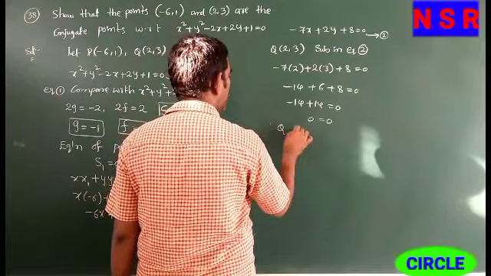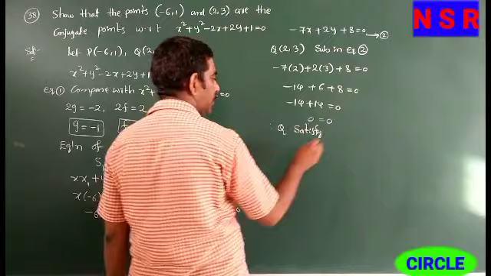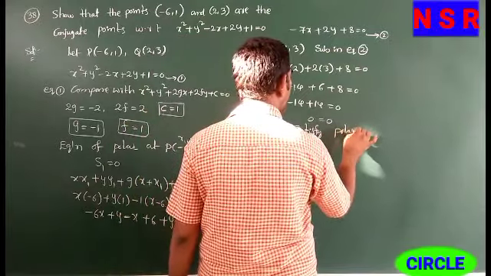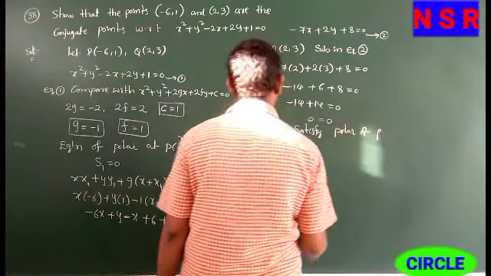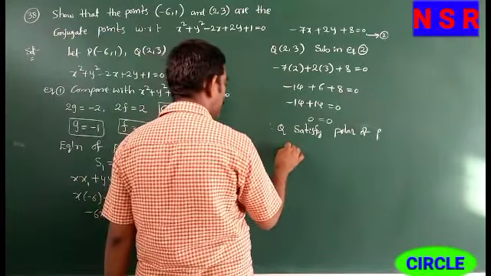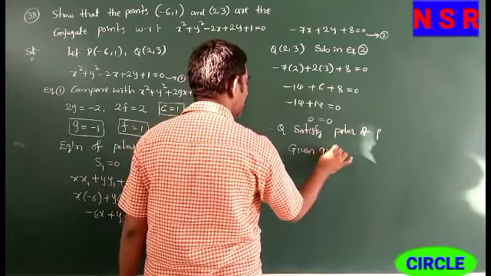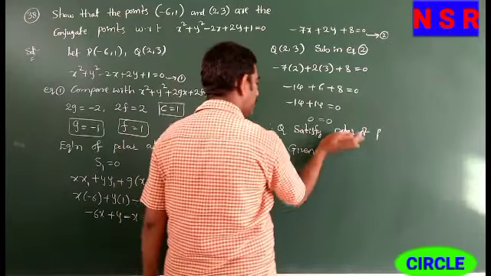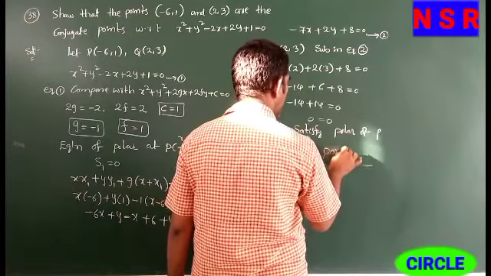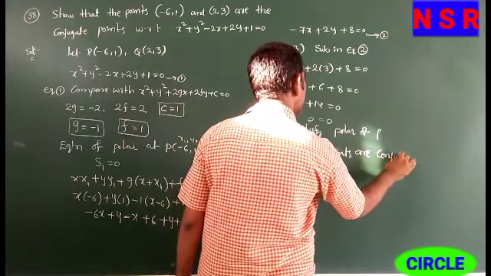Therefore Q satisfies the polar of P. Q satisfies the polar equation of P, therefore the given points are conjugate points.